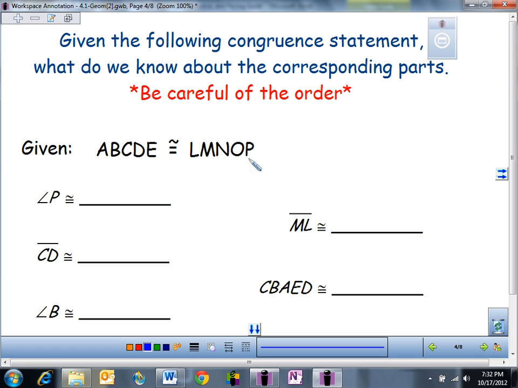So angle P is the last one, so it's going to match with angle E. CD is here, so that's got to match with NO. B is second, M is second, ML second and first, BA second and first. So we go C, B, A, E, D.